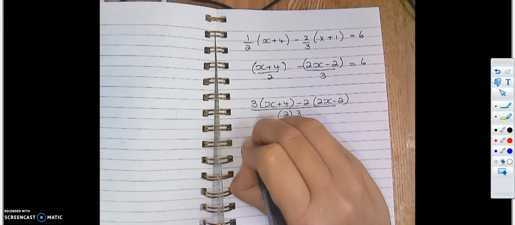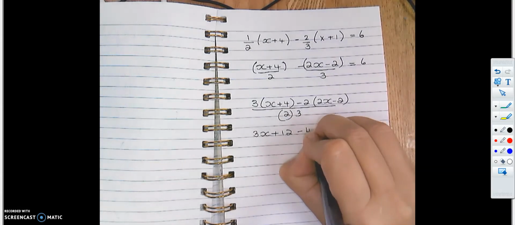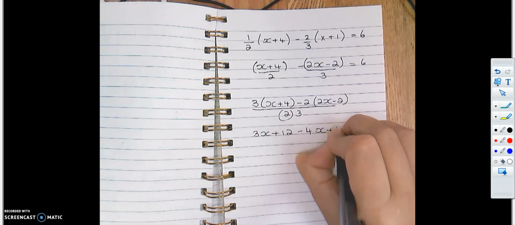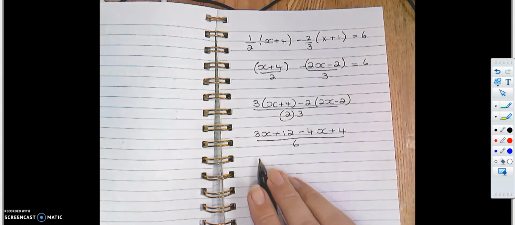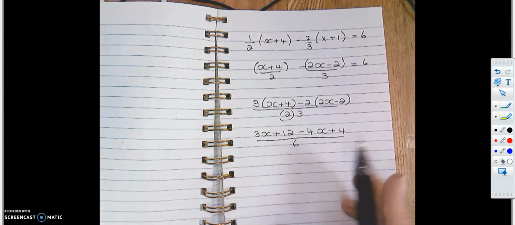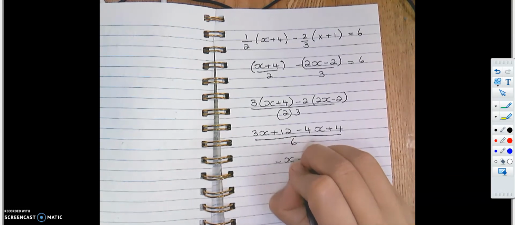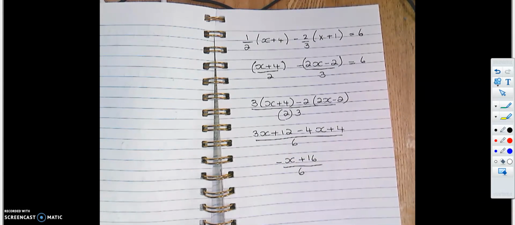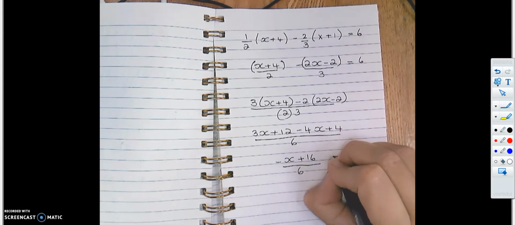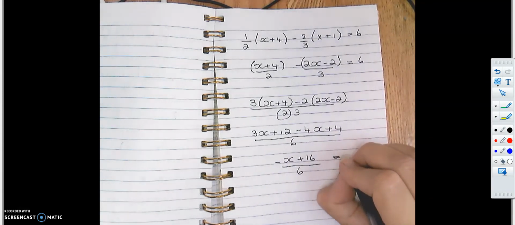Tidying it up, we get 3x and 12 minus 4x and 4 over 6. Okay, tidying up more, 3x take away 4x will give me minus x. 12 and 4 gives me 16 over 6. And that is equal to just plain boring 6.